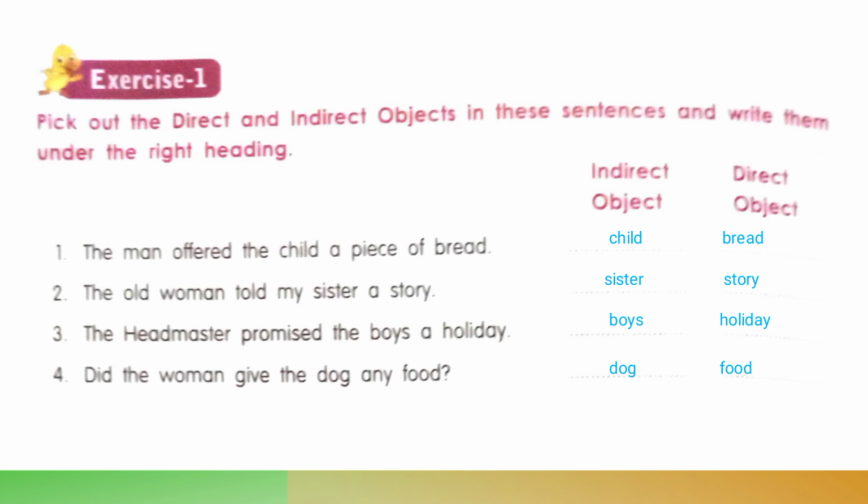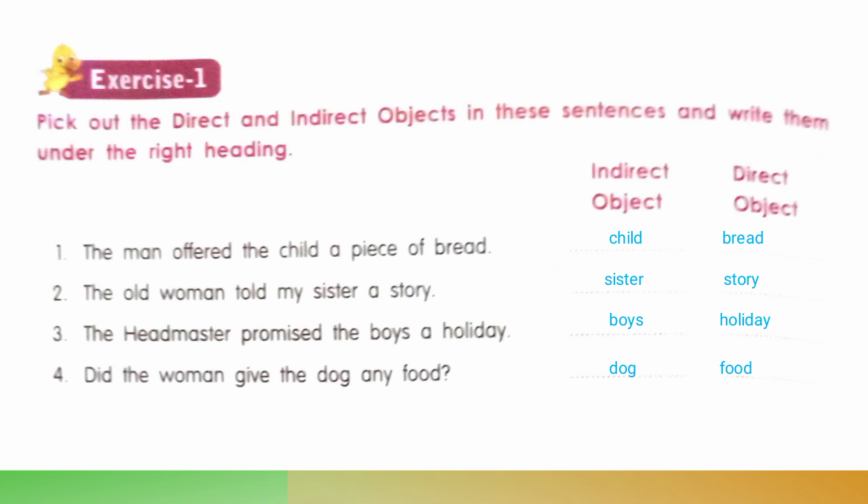And bread becomes direct object. Yes or no, children? Then, the old woman told my sister a story. So, to my sister. Sister becomes indirect object. Story becomes direct object. The headmaster promised the boy a holiday.